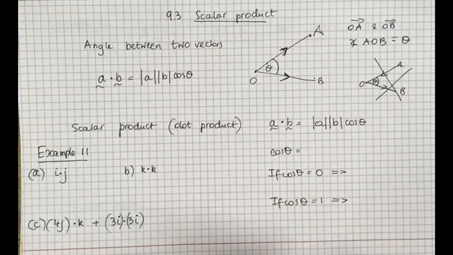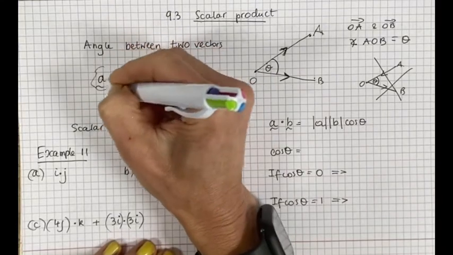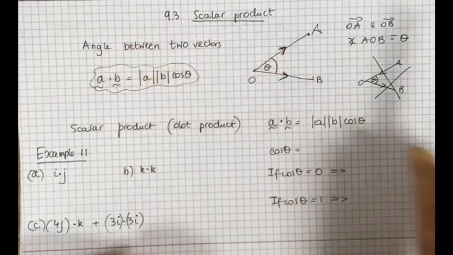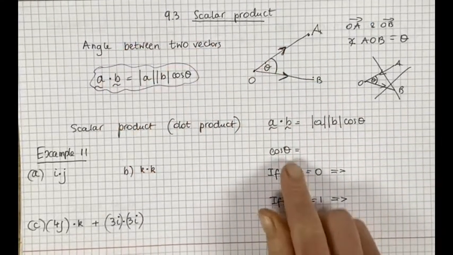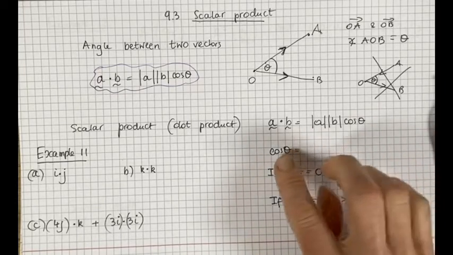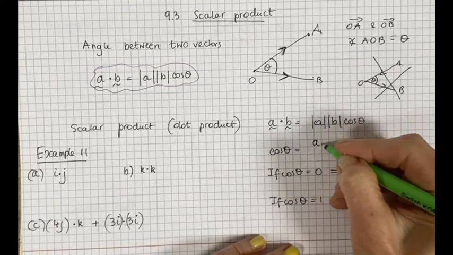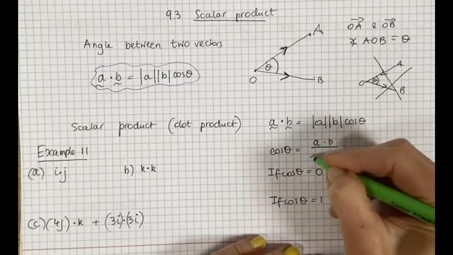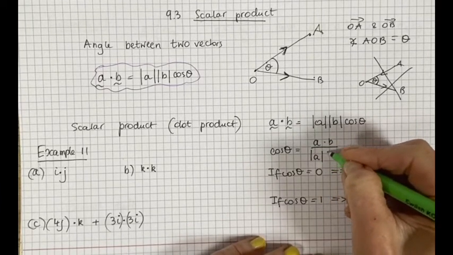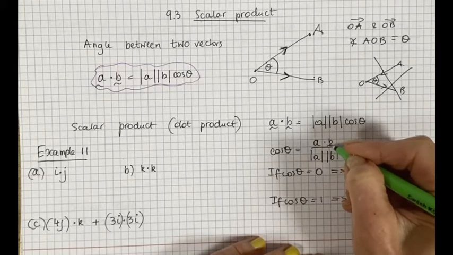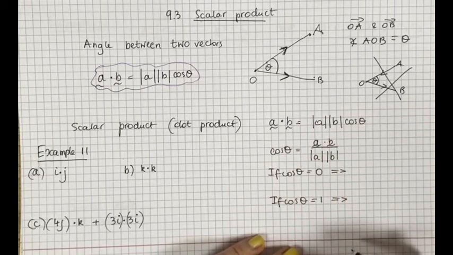This is something you need to memorize. More often you're going to be using it in the rearranged form: cos theta is the dot product over the product of the lengths of the two vectors.